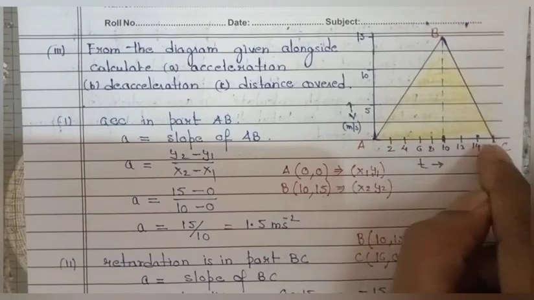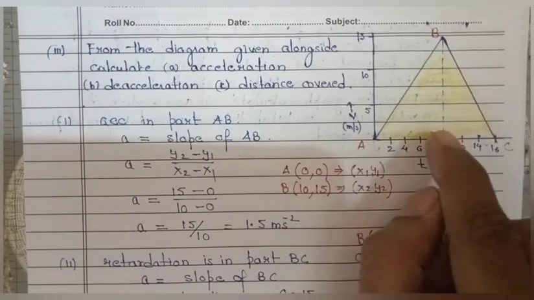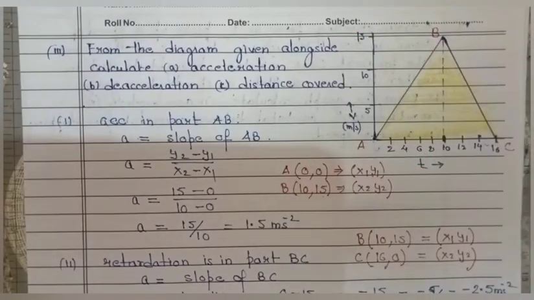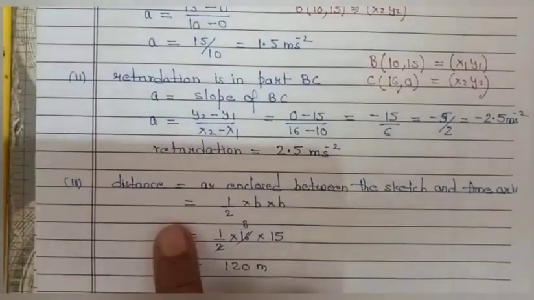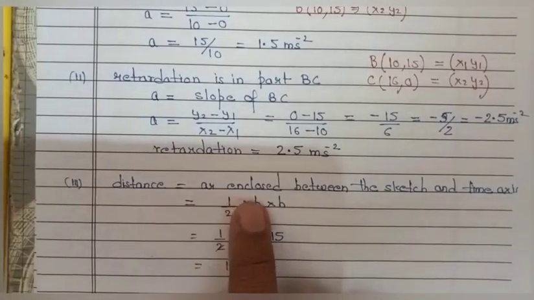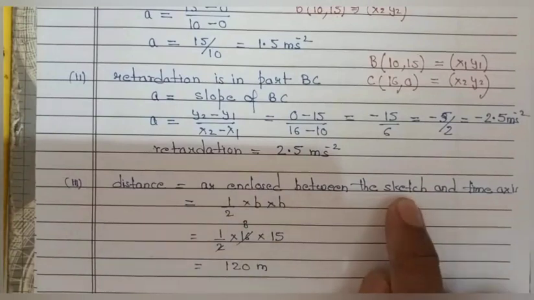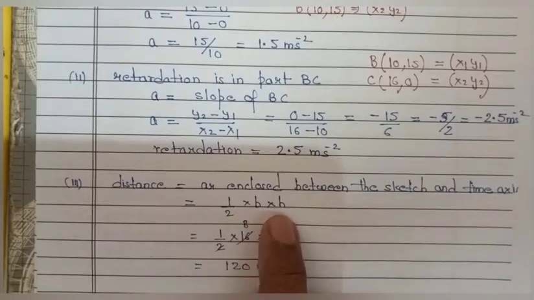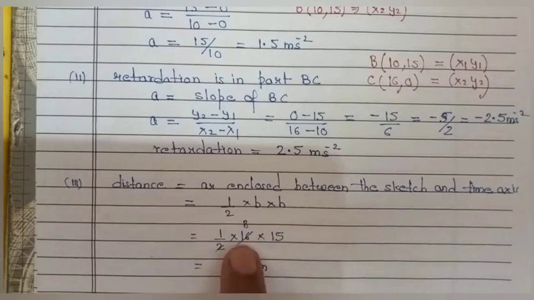You can see the base of the triangle is 16 and the height of the triangle is 15. So the distance will be equal to the area enclosed between the sketch and the time axis. You are getting a triangle with base 16 and height 15. On calculating the area, it comes out to be 120. So this will be the distance traveled.